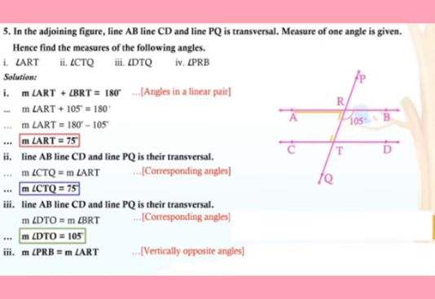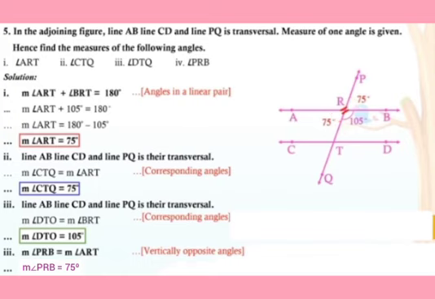So now the measure of angle PRB is equal to how much? The measure of angle PRB is equal to 75 degrees. So my dear students, here you can write the measure of angle PRB is equal to the measure of angle ART, that is 75 degrees.